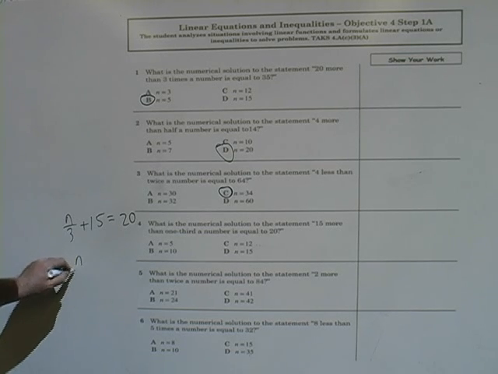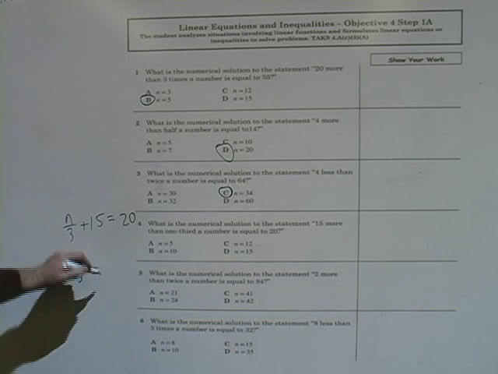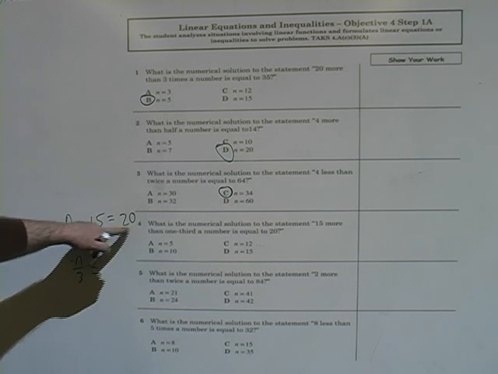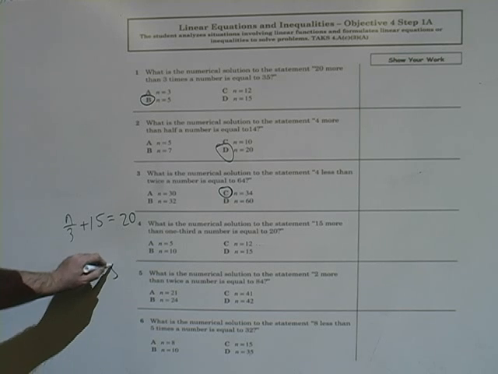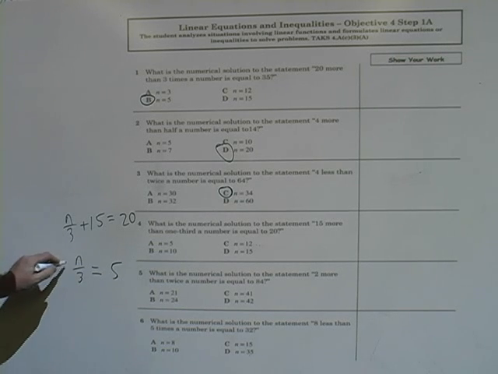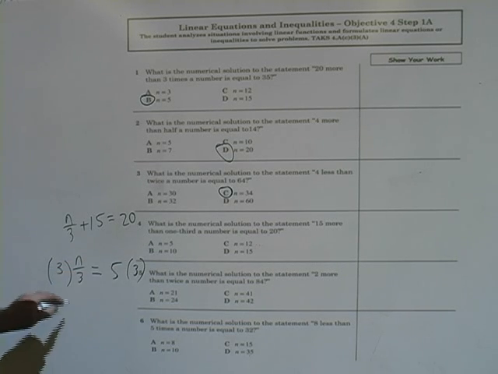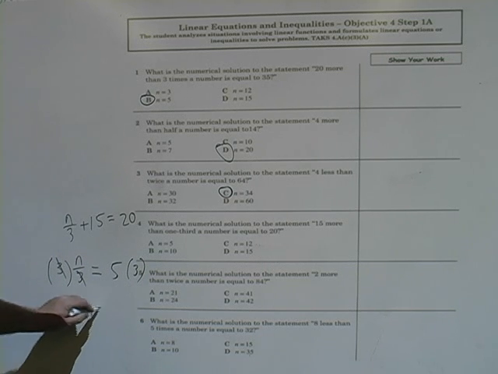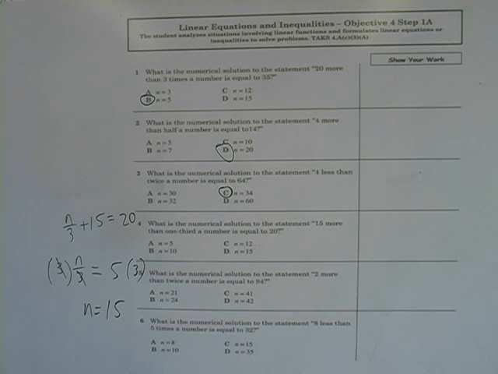So n over 3 equals, subtract 15 from both sides, and I get 5. And then right here, I'm going to multiply both sides by 3. That cancels out those 3's, and I get n equals 5 times 3, which is 15.